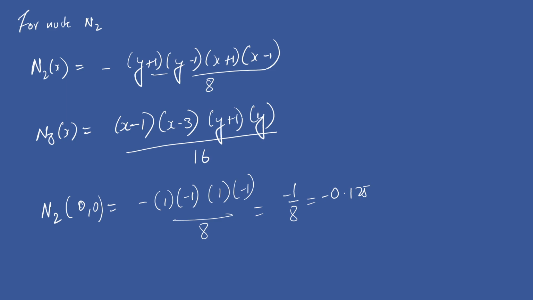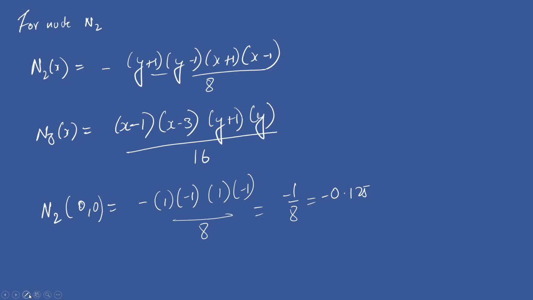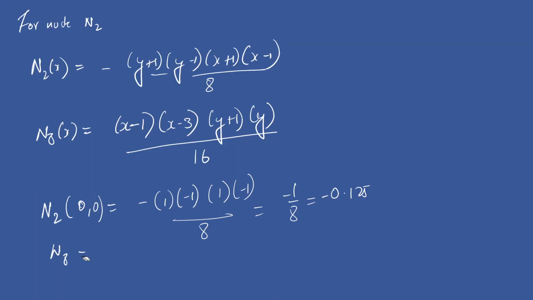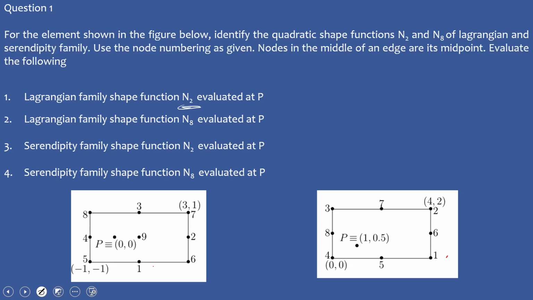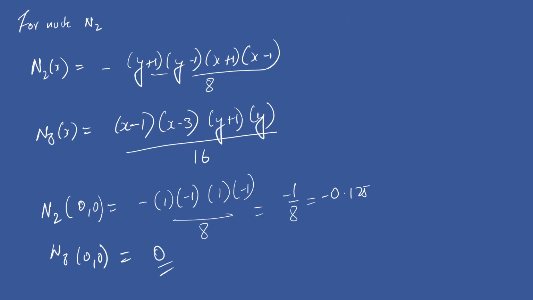So it's a minus 1 by 8, and minus 1 by 8 is 0.125, and then you are having the n8. So if you put n8 as 0, so that will turn out to be 0, because once you put y input. So these are the values of the interpolation function at point P, if you are calculating it using the Lagrangian family. So that was about the Lagrangian family.